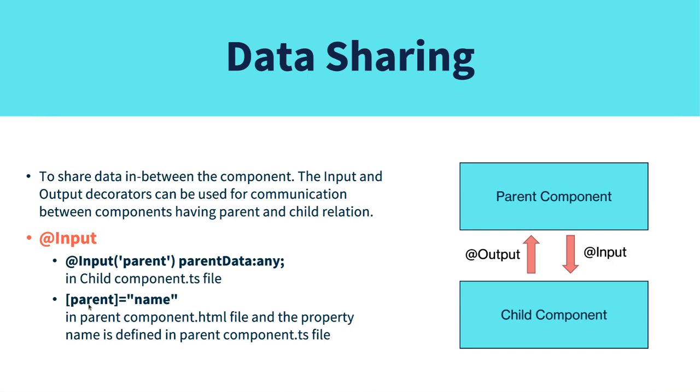While in that HTML where we give our app component's HTML tag, there in that HTML tag, we can add this property to connect these two variables. This was the way we use the @Input decorator to transfer the data from parent component to child component.